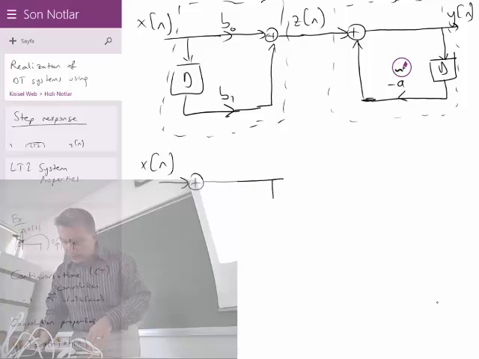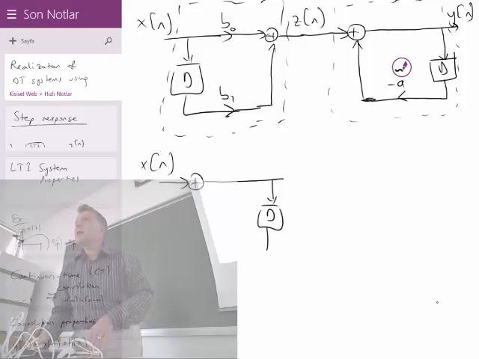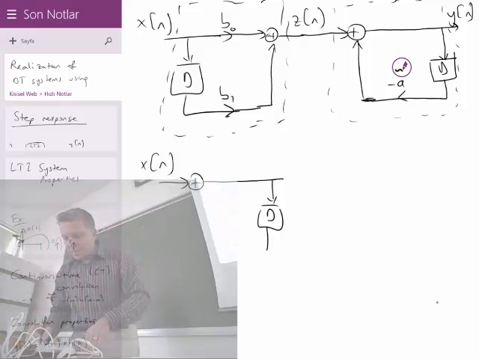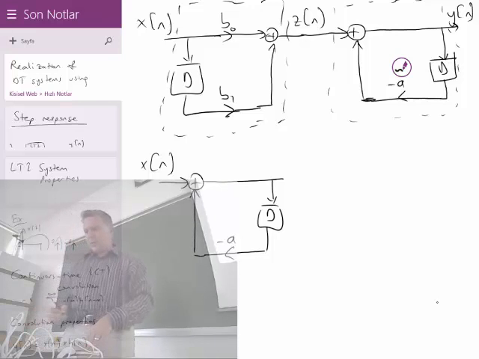This is the output with a delay. I don't know what this signal is, by the way. Okay, I don't have a name for that. It's not the output. It's just an intermediate different thing that appears when I interchange the orders. It's not Z, it's a different signal. That different signal is delayed, scaled by -A, and fed into here.